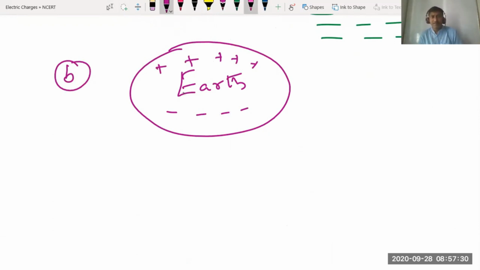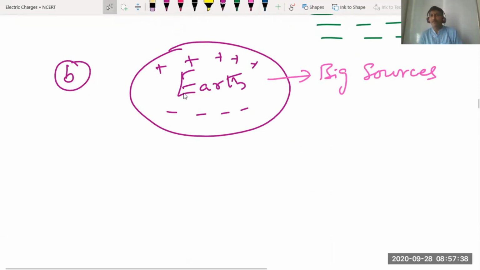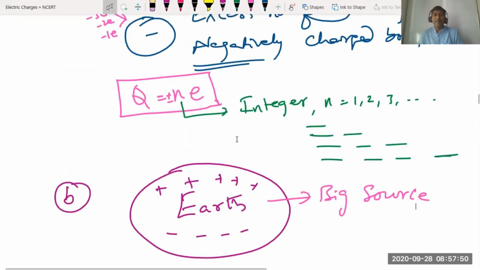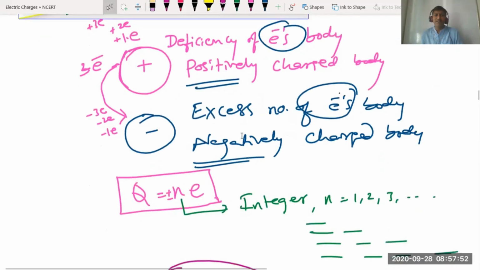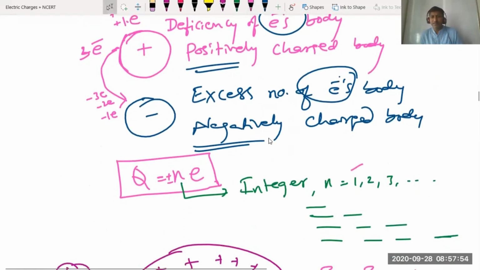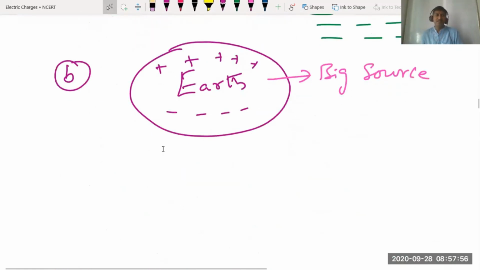So it is the big source of electrical charges. As compared to these millions of electrons, millions of charges, this 1e to e number is very less. Millions of charges are there, more than millions also I can say.